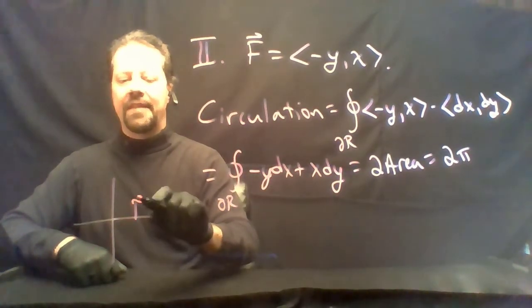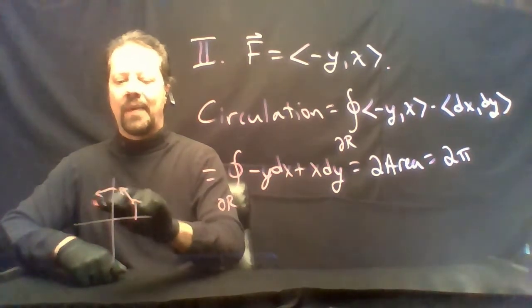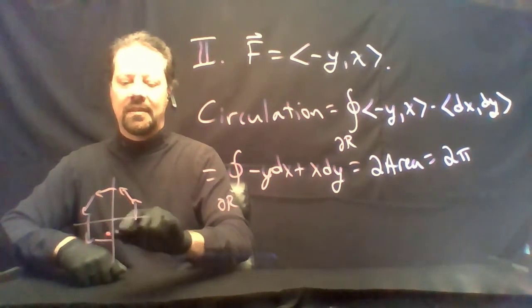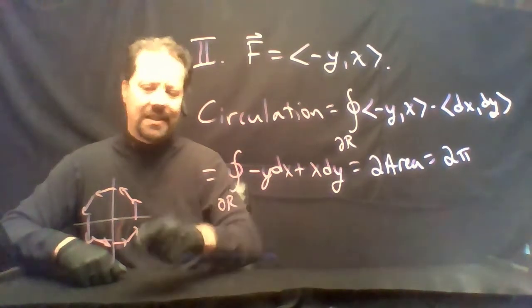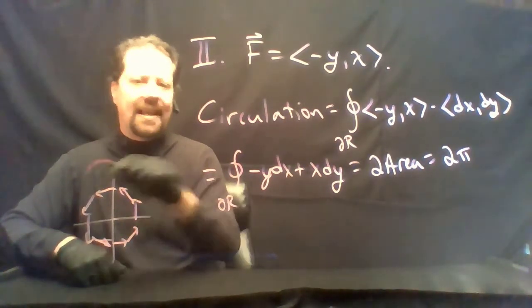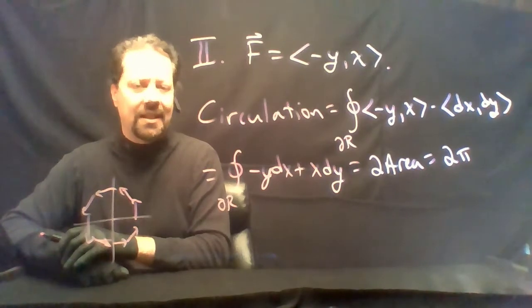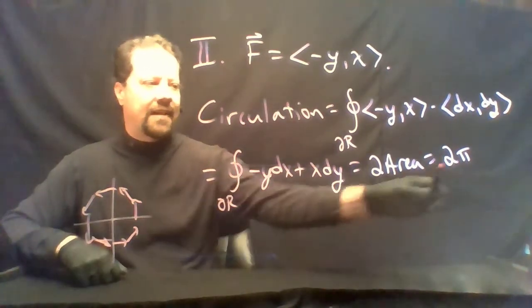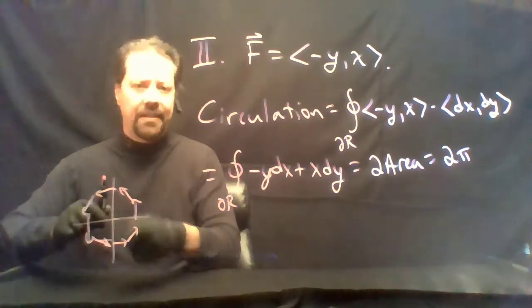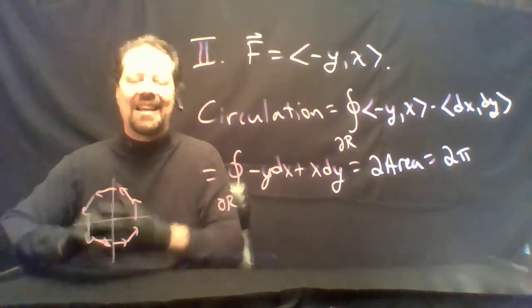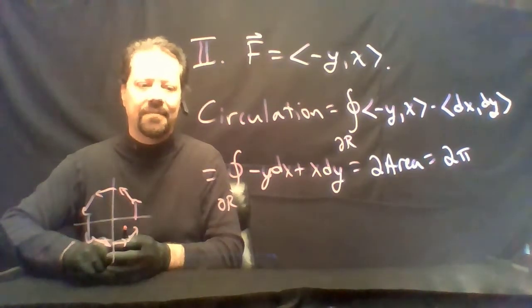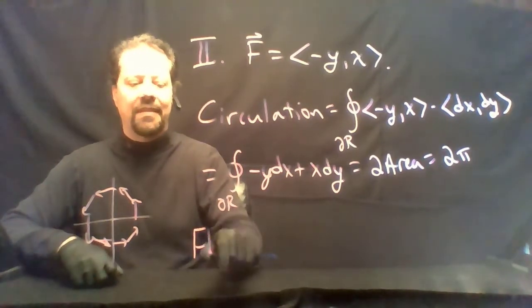You'll remember that this vector field tended to go around like this, so it tended to swirl around in a counterclockwise fashion. The fact that the circulation is positive gives you an indication that the circulation of the vector field is in a counterclockwise direction.